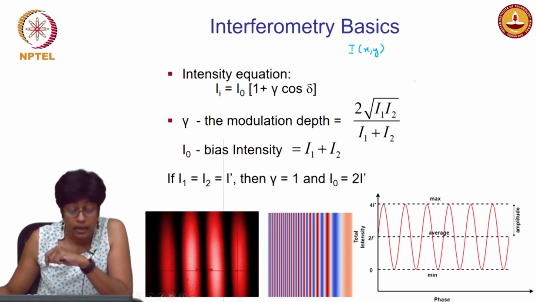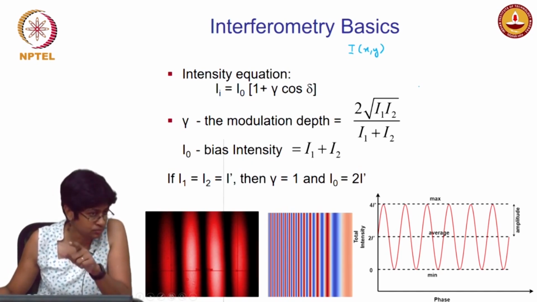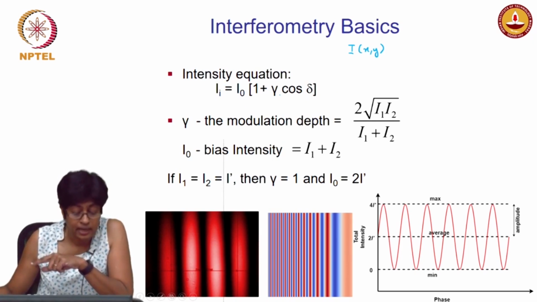So I do not know I1 and I2. I do not know delta, that's the phase difference between these two beams. All I know, and I know this because I can measure this with a detector, is this I here. So buried in this is I naught, gamma and delta. And I naught and gamma are functions of the intensities of the independent beams.